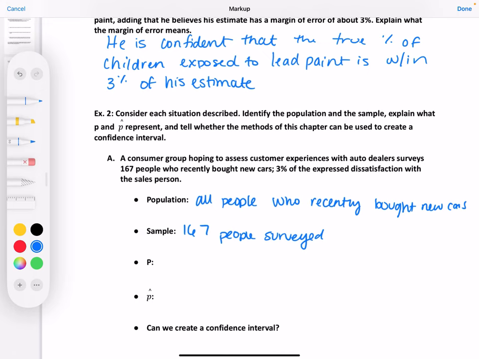So then P is the true percentage of all people who recently bought cars who are satisfied.